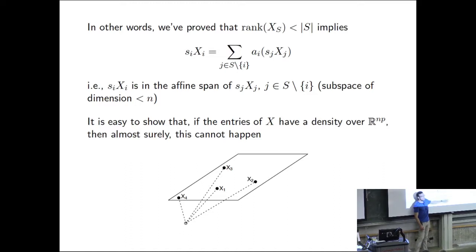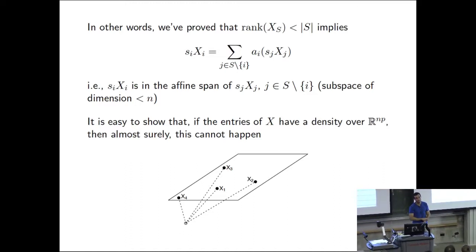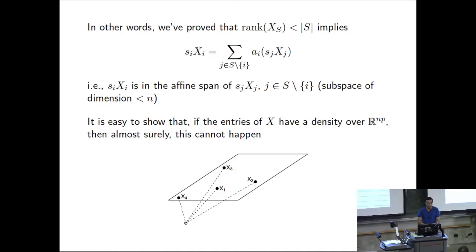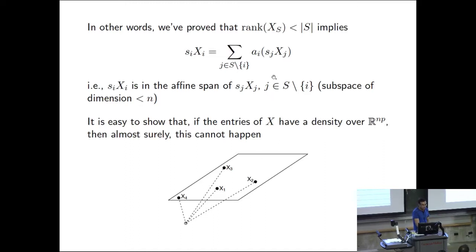The probability that x1 lies exactly in that affine space is going to be 0 if it has a density. It's not going to lie in that affine space with any positive probability. So there's a formal argument that you can go to the reference at the end of this lecture to see, in the paper, to say that this never happens. It's probability 0 that this happens.